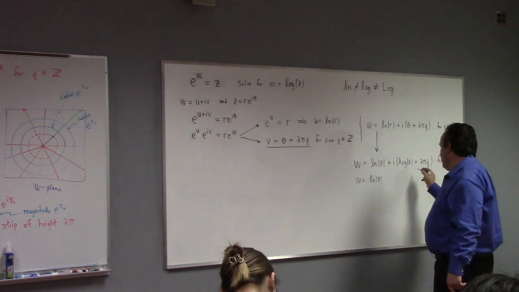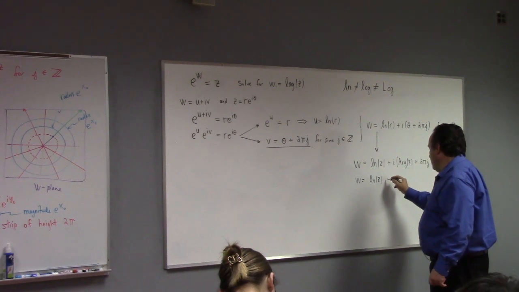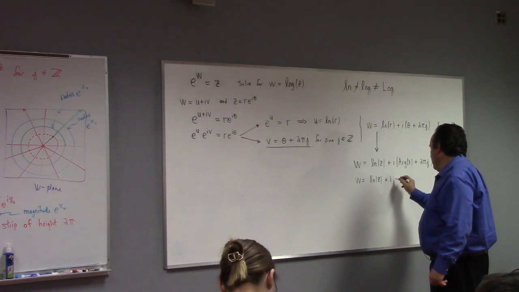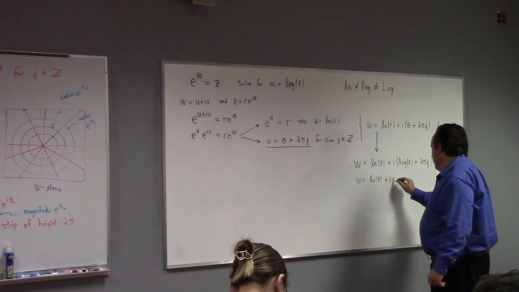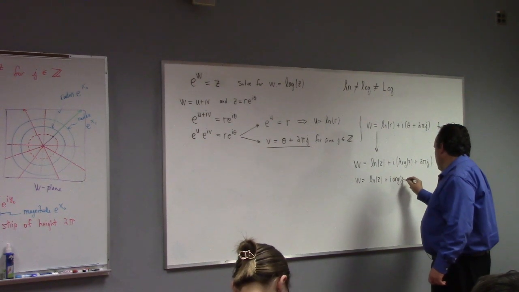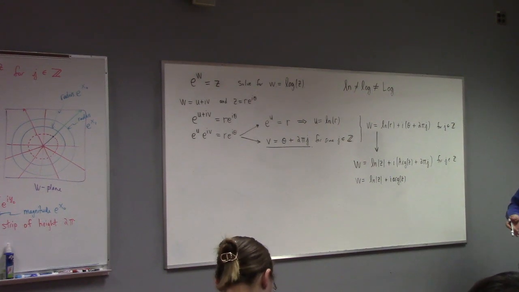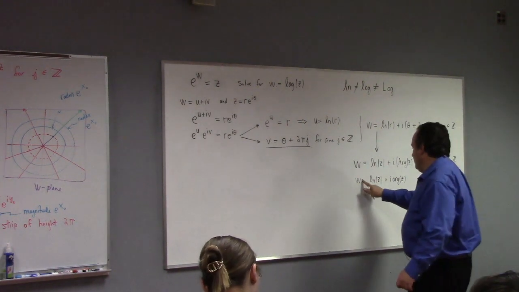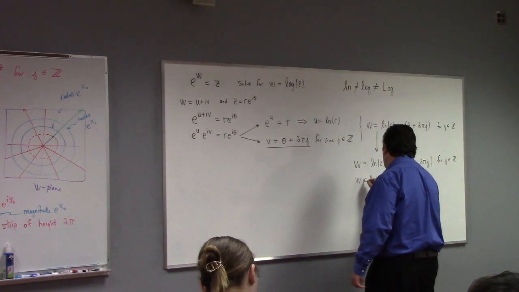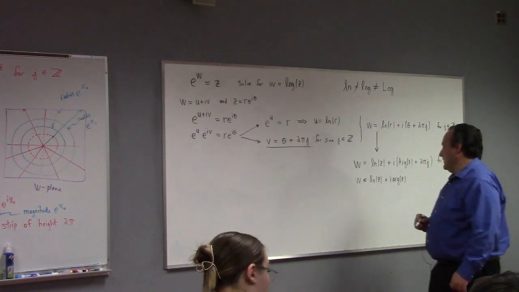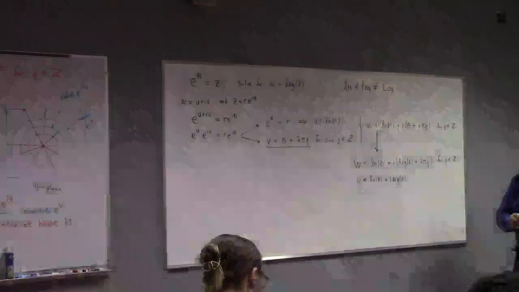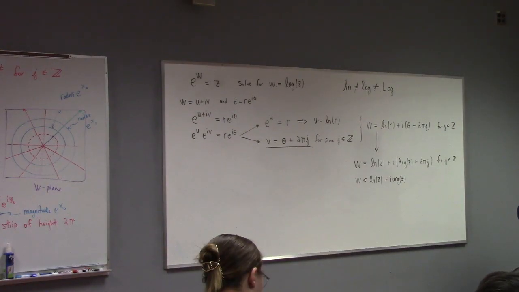And I'd like to say that this is just equal to natural log of z plus I arg of z, all right? But to be fussy, what I really should say is that w is an element of this, because that is a set.